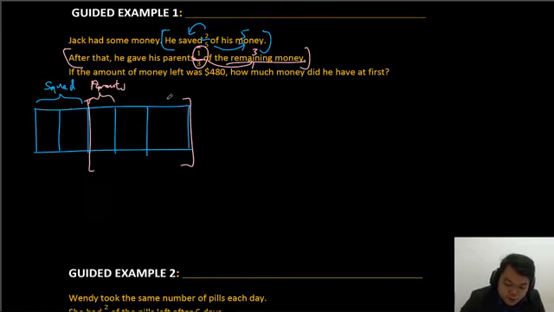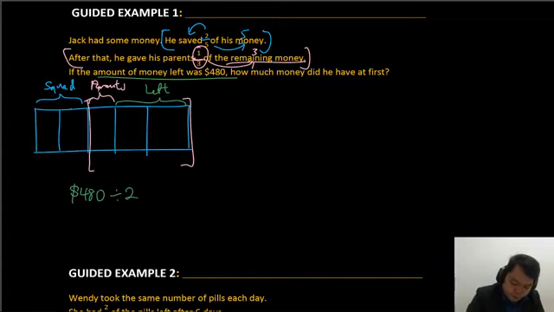And then the amount of money left was $480. So to find out how much money he had at first, this would be very straightforward. It would simply be 480 divided by 2 multiplied by 5. So this would give you $1,200.